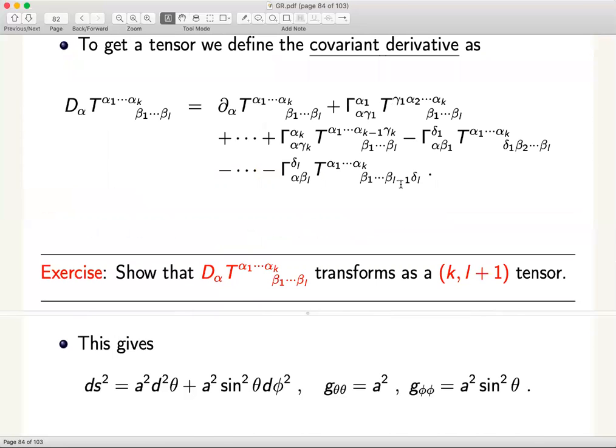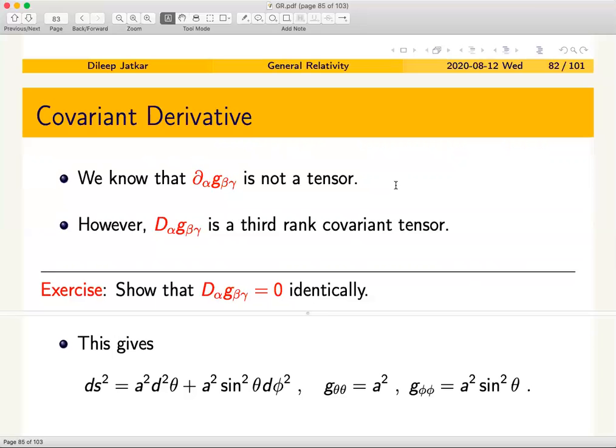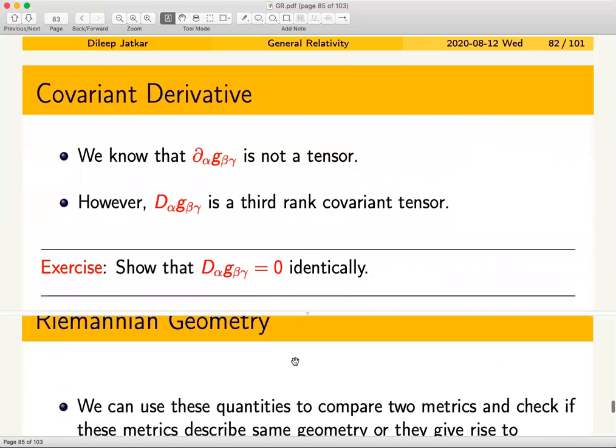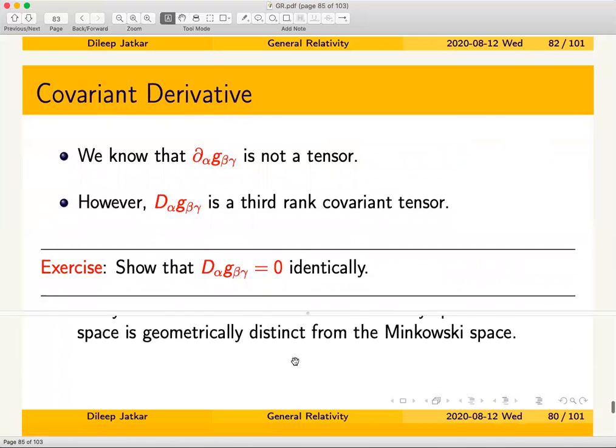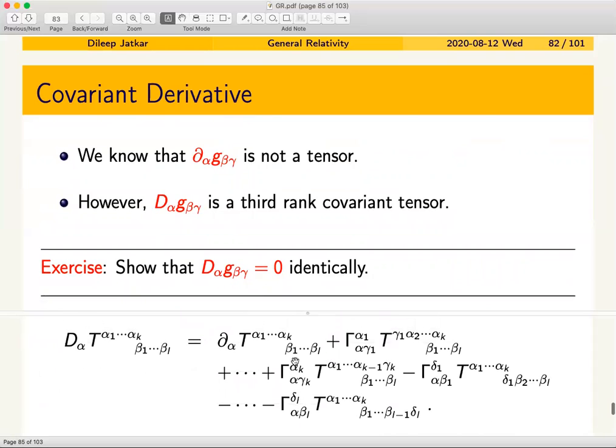So look at the minus sign pieces only because our tensor is only a covariant tensor. So use the definition that we have given. If you want, I can give the definition right here. Use this definition and check.